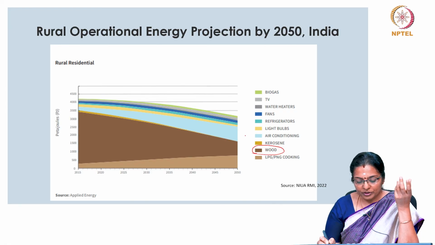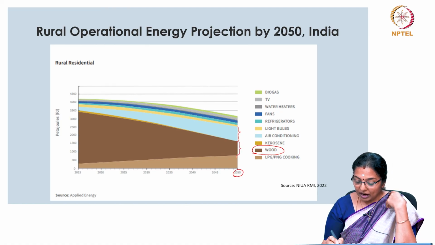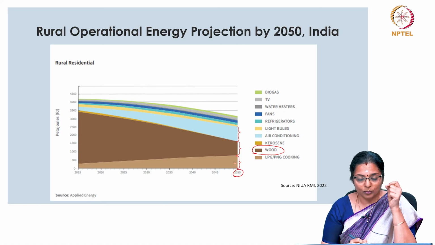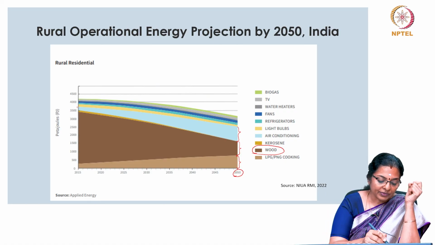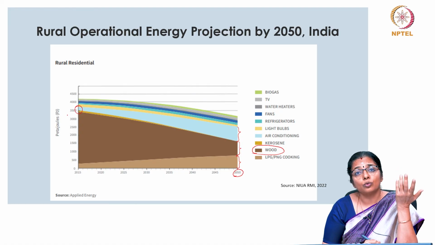And it is also projected that by the year 2050, air conditioners and wood, along with cooking with LPG gas, are all going to contribute equally, which means the load due to air conditioners, which is very small right now, is going to increase 4 times or even 5 times by the year 2050, even in rural areas.